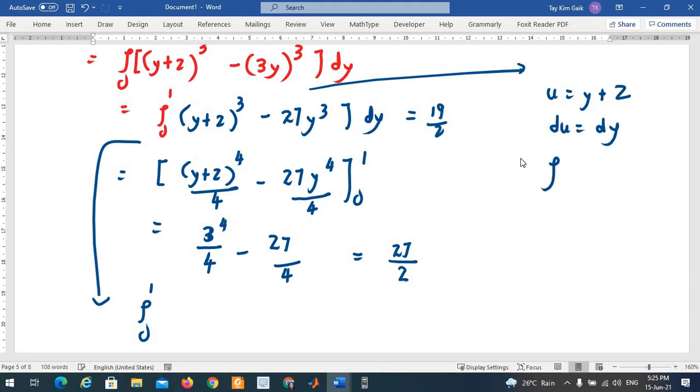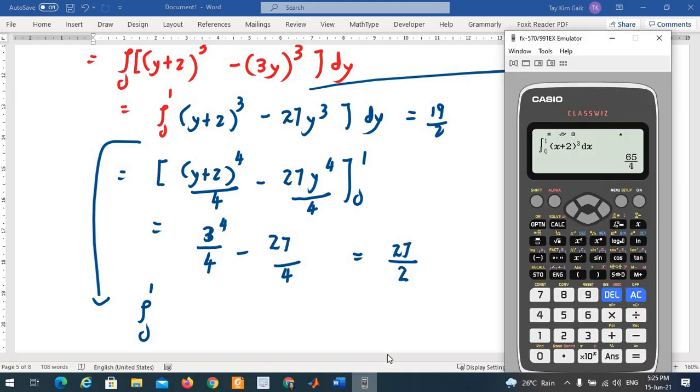So you integrate y plus 2 cubed dy, which is u cubed du, so u power 4 divided by 4. So it's y plus 2 power 4 divided by 4. Plug in y is 1, 1 plus 2 is 3, 3 power 4 is 81. This one is 65 over 4. So this one minus 27 divided by 4.